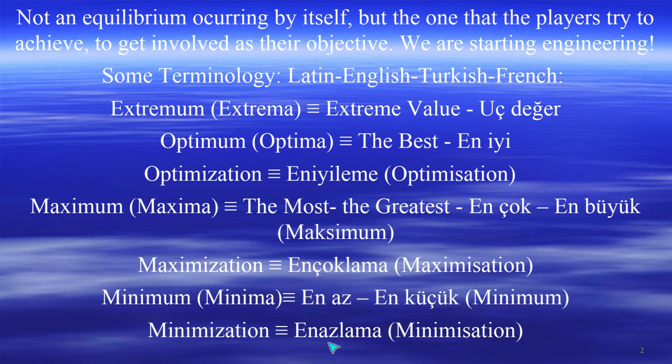In Turkish, en azlama. In French, minimisation. So you see, in Turkish we can say minimization or minimum. Well, we don't say minimization very much, but we use maximum, minimum in Turkish as well. Optimum as well, sometimes. So this is for the terminology.